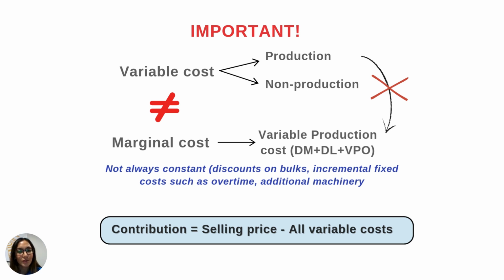Also, it can be incremental fixed costs such as overtime. For example, we agreed with our labor, and he or she has a standard that he should produce 100 units per day, right? But we have a big order, and we ask our employee to work extra and produce not 100 but 110 units.